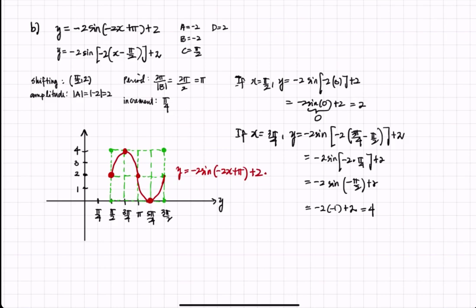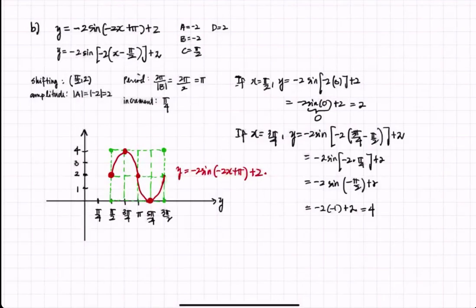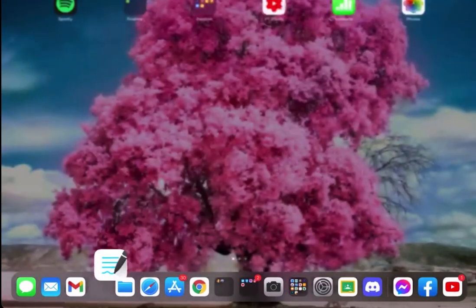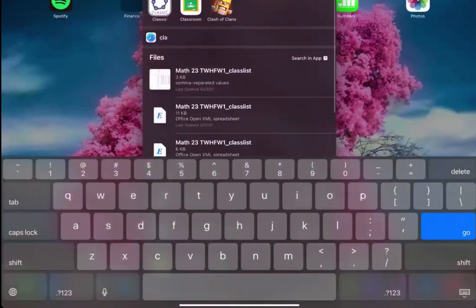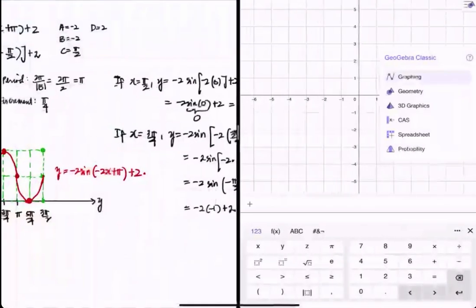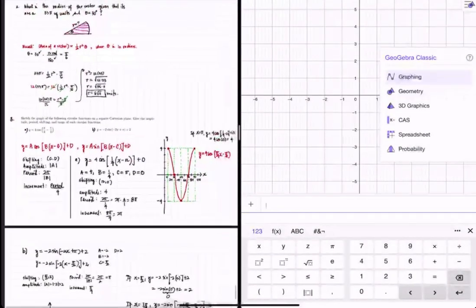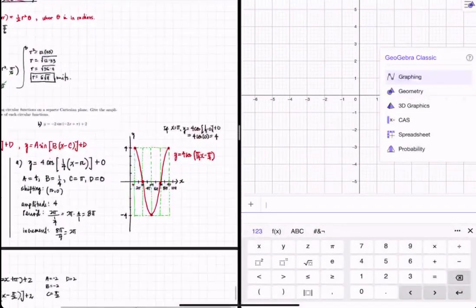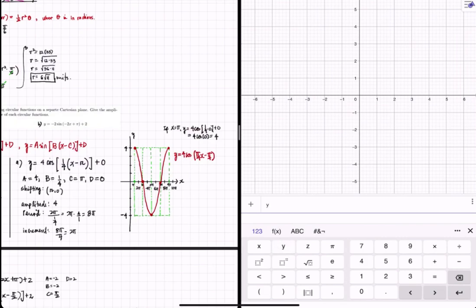Pwede actually nating i-check yan sa graphing calculator. May graphing calculator ba ako dito? Pan-check lang graphing calculator ha. So, yung nauna, y equal to 4 cosine, asan yung pi?